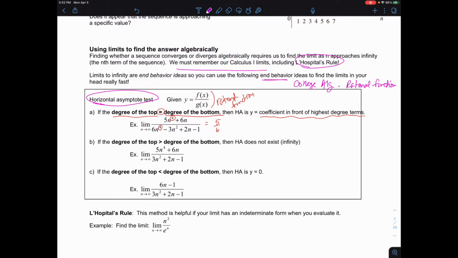If the degree in the numerator is greater than the degree in the denominator, so 4 is greater than 2, then there is no horizontal asymptote, and the limit as n goes to infinity is equal to infinity, so we would say this diverges.